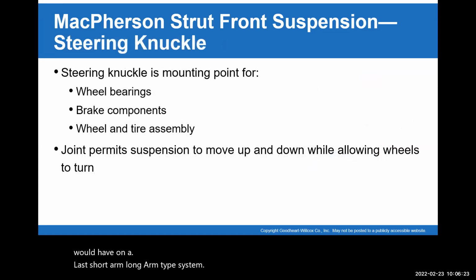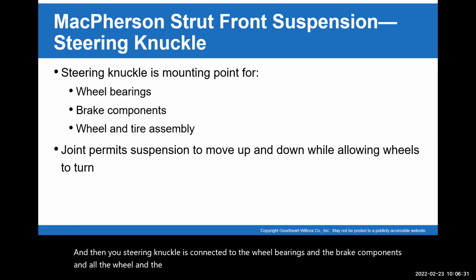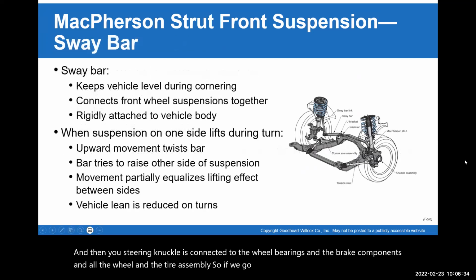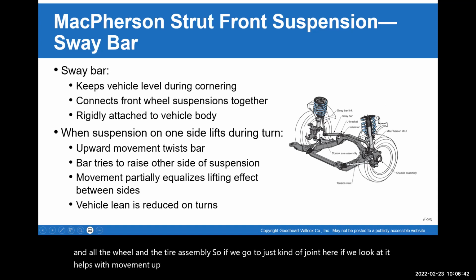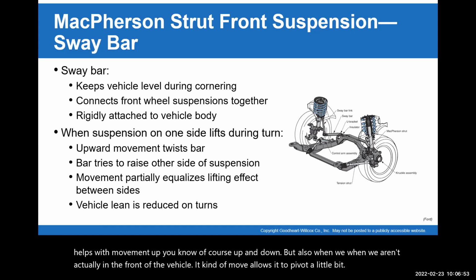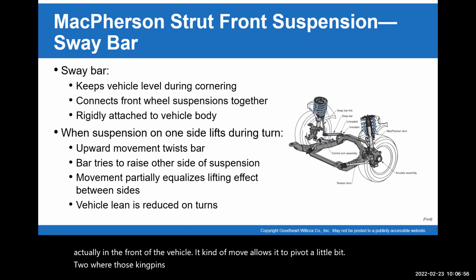And then the steering knuckle is connected to the wheel bearings, the brake components, and the whole wheel and tire assembly. So if we look at this kind of joint here, it helps with movement up and down, but also, when we are in the front of the vehicle, it allows it to pivot a little bit too, where those kingpins would be at a certain angle, and they didn't give this movement, they only gave this kind of movement.